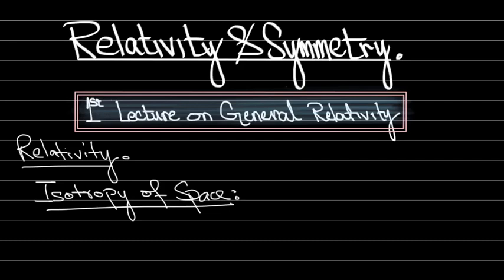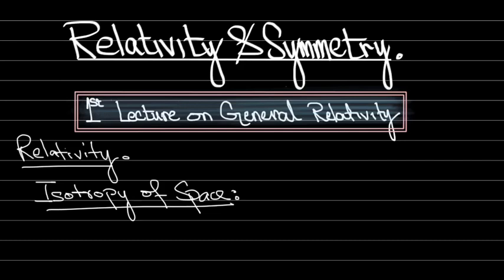Isotropy of space is, say, if you take your lab and you rotate it by any degrees, and nothing appears to change. Nothing changes, everything is the same. That's when you say that there is an isotropy of space.